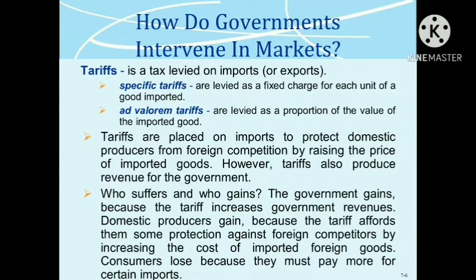Second is that import tariffs reduce the overall efficiency of the world economy. They reduce efficiency because a protective tariff encourages domestic firms to produce products at home that could be produced more efficiently abroad. So the consequence here is an inefficient utilization of resources.